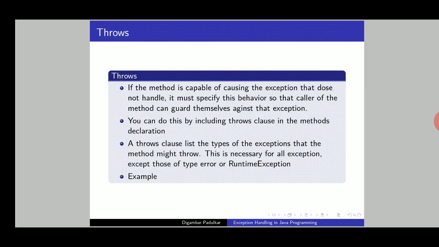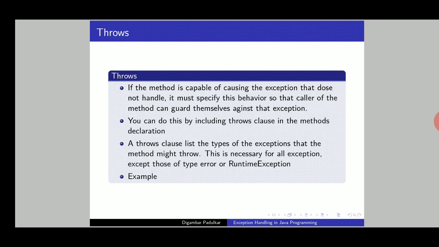You can do this by including a throws clause in the method declaration. A throws clause lists the types of exceptions that the method might throw, and this is necessary for all exceptions except those of type Error or RuntimeException.